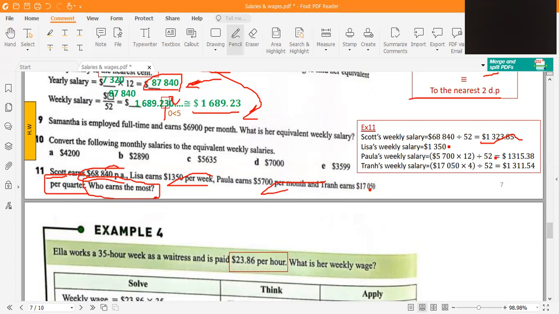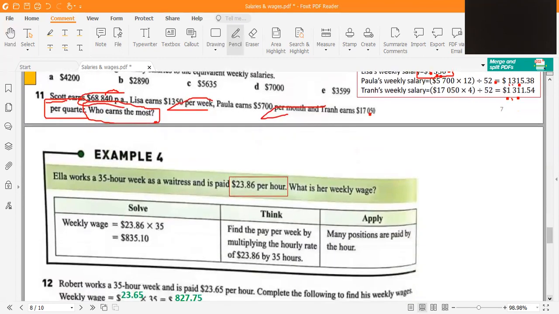Then we compare the salaries from left to right. The largest is Lisa's. So it's very easy to compare the salaries, and Lisa earns the most.